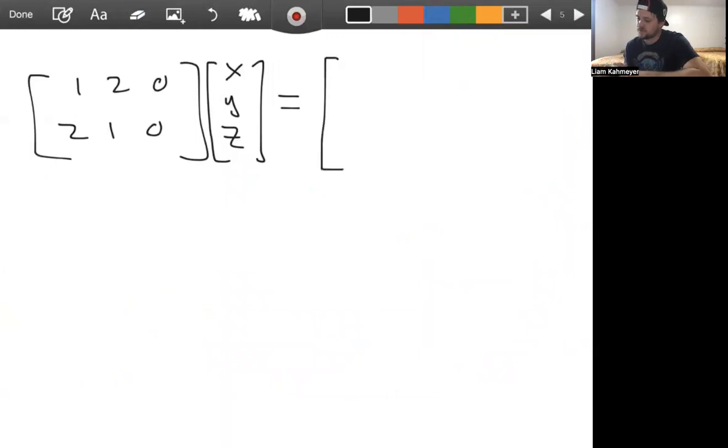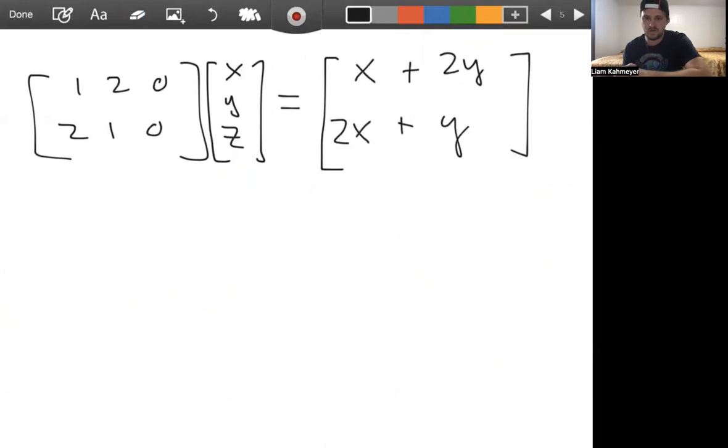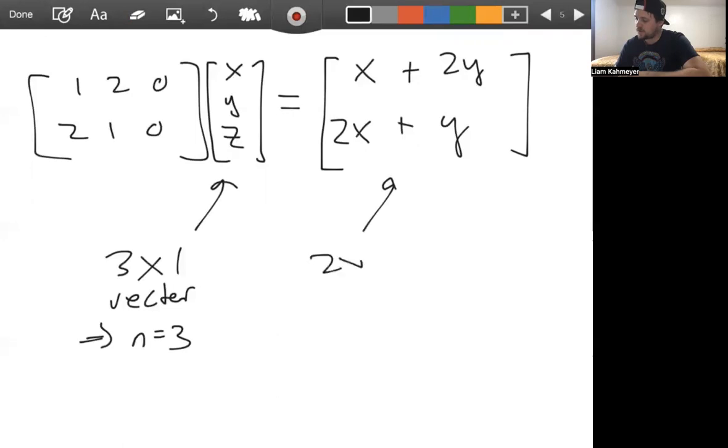Well, let's compute this product. We're going to get x plus 2y for the first entry, and then 2x plus y for the second entry. And then we look at the dimension of the result here. This is a 3 by 1 vector, which implies that n is 3. Now this is a 2 by 1 vector, which implies that m is 2.